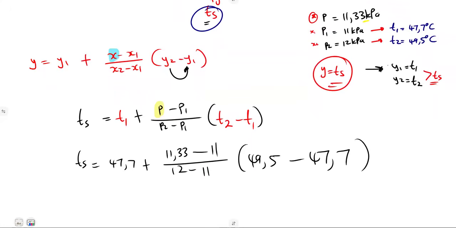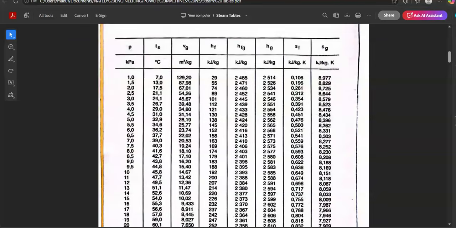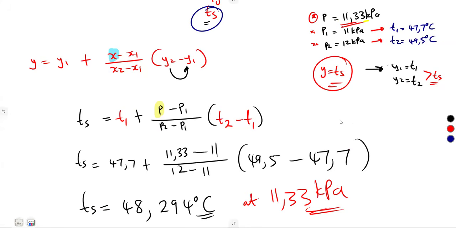This formula can be used for anything to be calculated. So it was going to be 48.294 degrees Celsius by interpolation. We have used our linear interpolation to find the temperature which corresponds to 11.33 kilopascal. We did not have that, but we can obtain it using this linear interpolation.